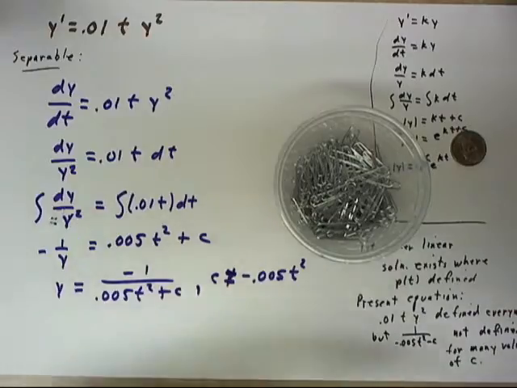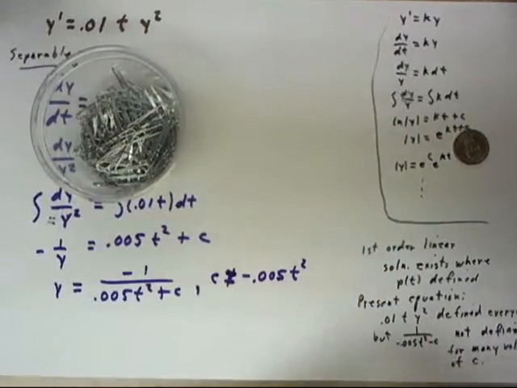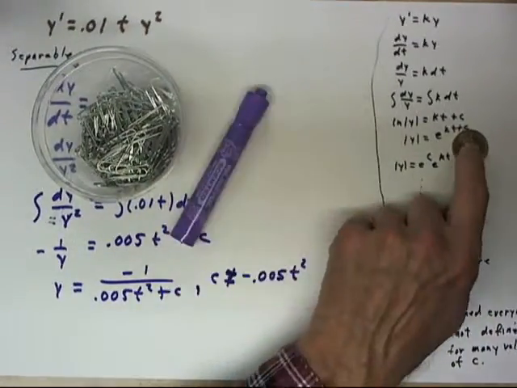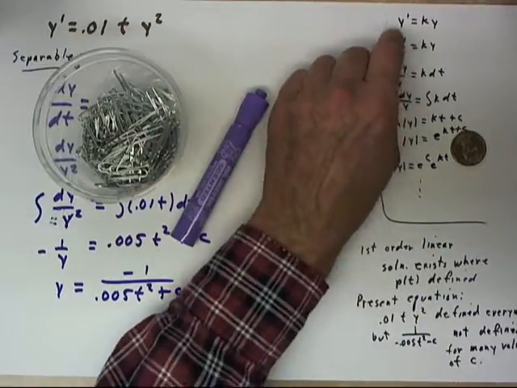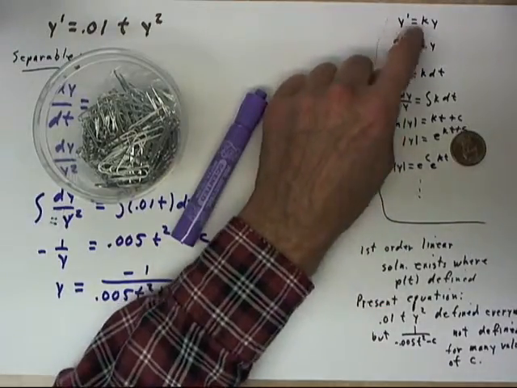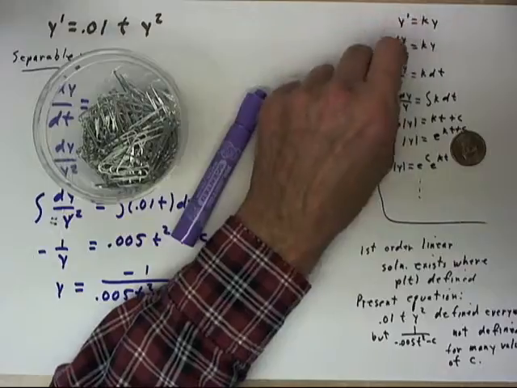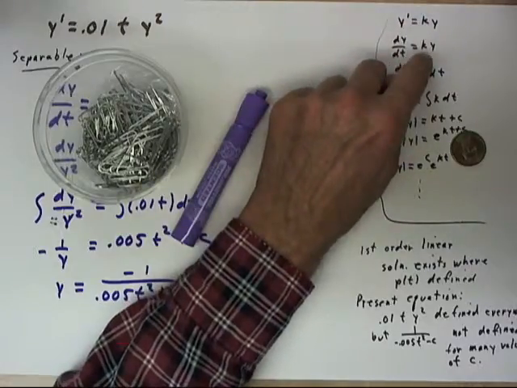Now, another example. If we have y prime equals ky, then that can be written dy/dt equals ky.